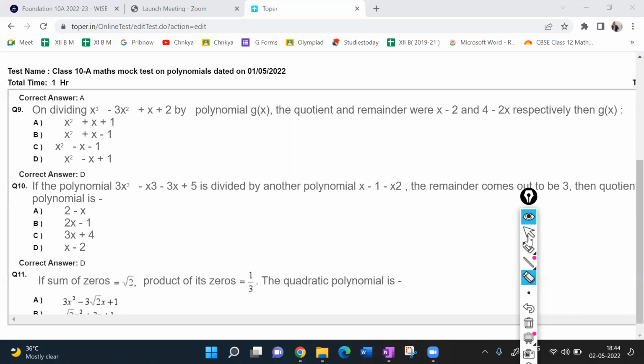So let me write that. Dividend is what, beta? x cube minus 3x square plus x plus 2 is equal to this is my divisor into quotient plus remainder, which is 4 minus 3x. Yes, sir.